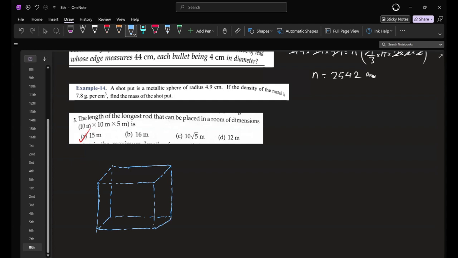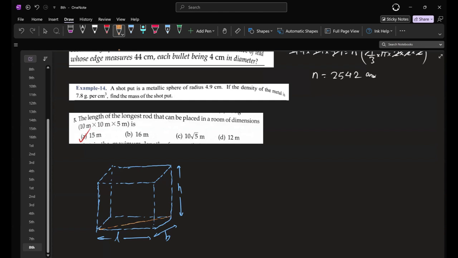Say for example, here we are taking it to be a cube only, where this is L, this is B, and this is H, right? So now, first of all, let's calculate the diagonal of this square or this cube.